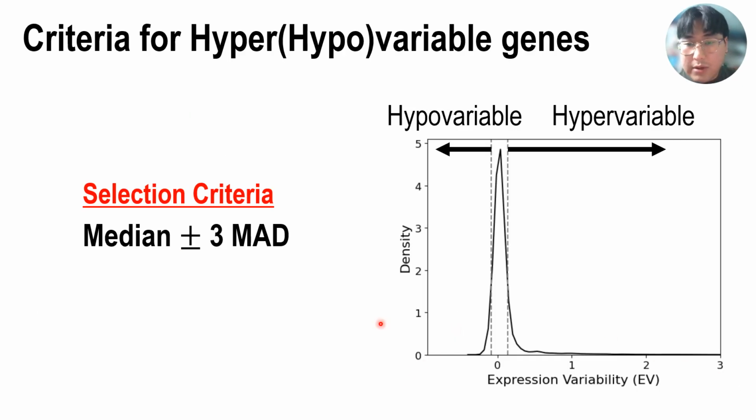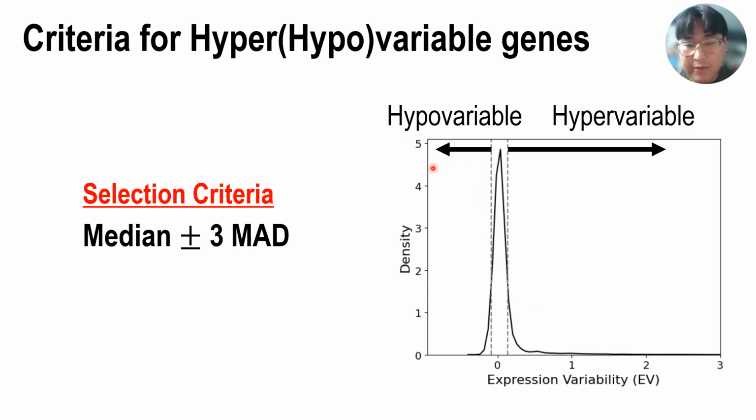This is our criteria for getting the hypervariable and hypovariable genes. This is the total frequency of the genes within a human sample, and we can see that most of the genes are non-variable, at around 0 expression variability. But importantly, there are some genes on the left side and the right side that are really variable or really not variable.